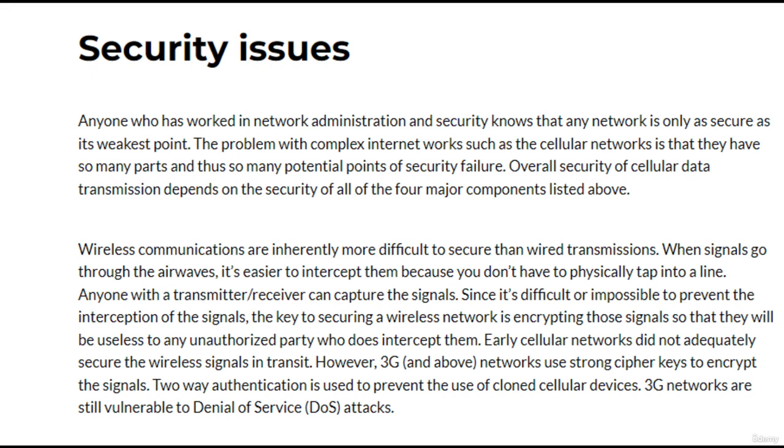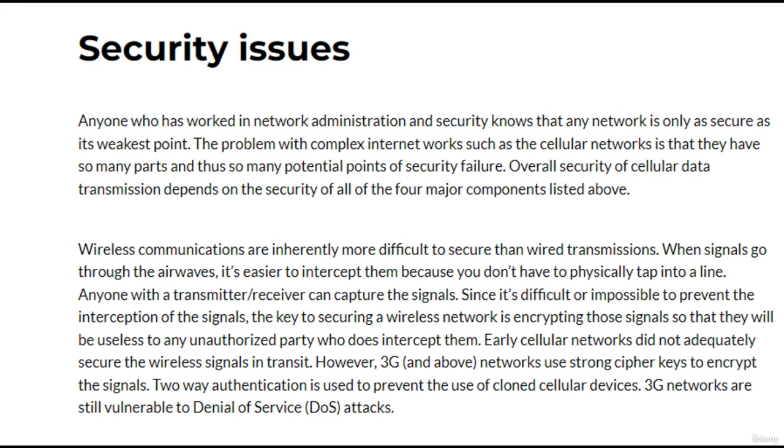Anyone with a transmitter-receiver can capture the signals, since it's difficult or impossible to prevent the interception of the signals. The key to securing a wireless network is encrypting those signals so that they will be useless to any unauthorized party who does intercept them.